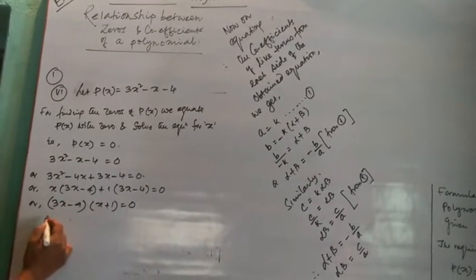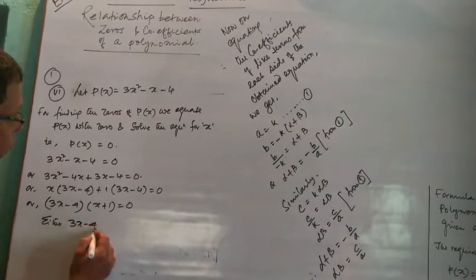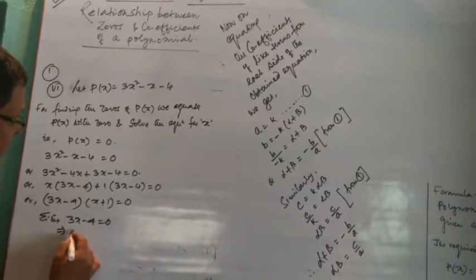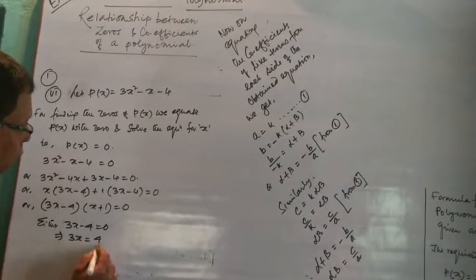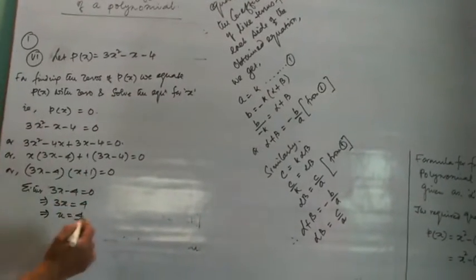Product of two numbers is 0. Therefore, either 3x − 4 = 0. That gives us 3x = 4, that gives us x = 4/3.